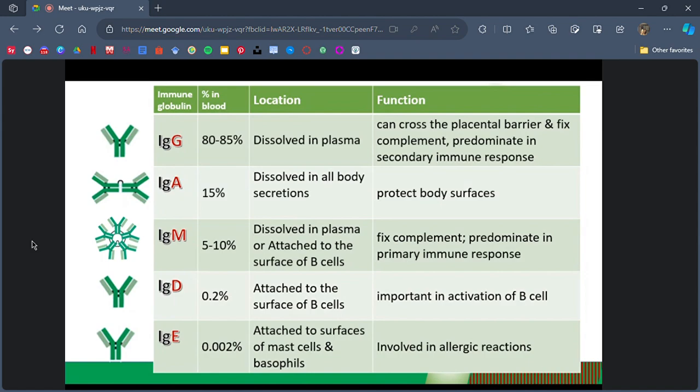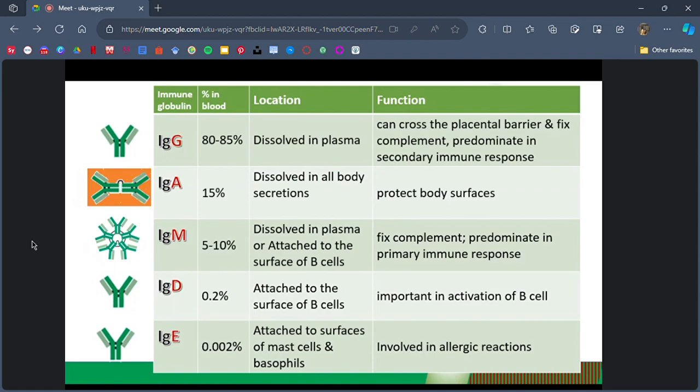As you can see, most of these antibodies are monomers, that is, they contain only a single globulin unit. Only IgA contains two globulin units as a dimer, whereas IgM is the largest antibody as a pentamer with five globulin units. You have to remember the main function of each of these immune globulins.